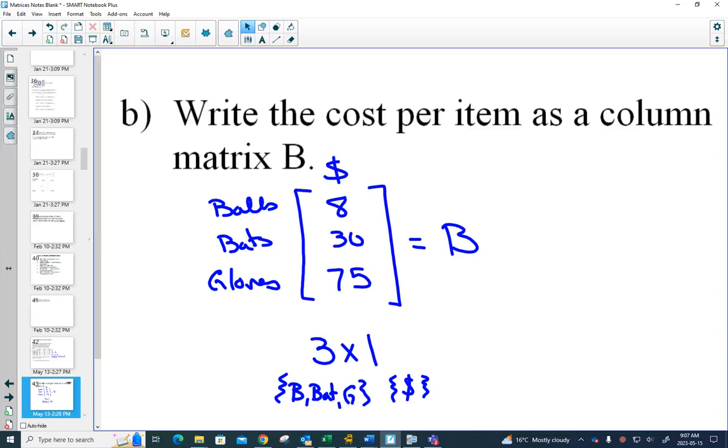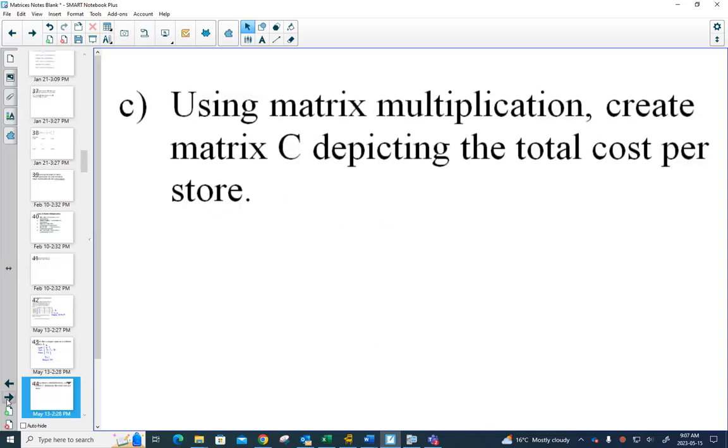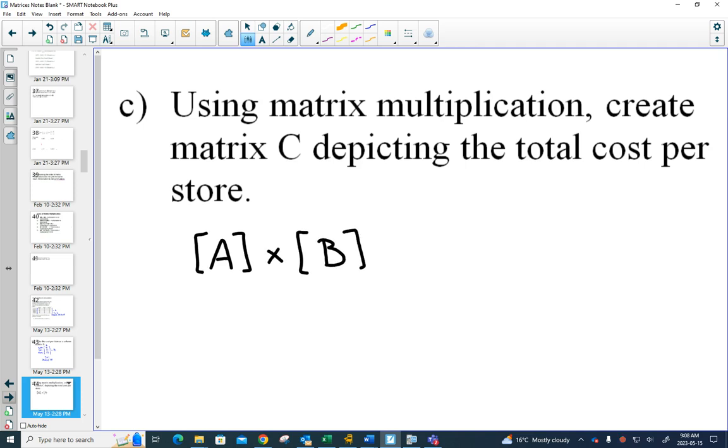If we look at matrix A and matrix B, sometimes matrices are shown in squares like this, sometimes you don't have to put them that way, but this is how your calculator would show them. We know that matrix A was a 4 by 3, and matrix B was a 3 by 1. So it's good that the numbers match up. Mathematically, they can multiply together.